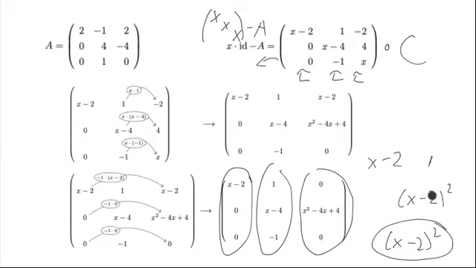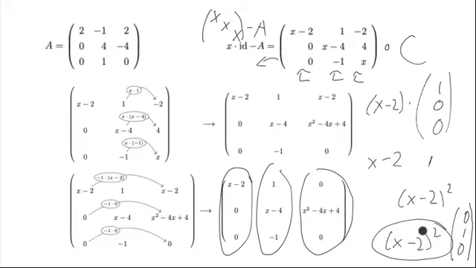Now, to give us some motivation for what's happening as we go through this process, this vector is already the zero vector. This vector, we know that x minus 2 times 1, 0, 0 is the zero vector. And this one, we know that x minus 2 quantity squared times 0, 1, 0 is the zero vector.